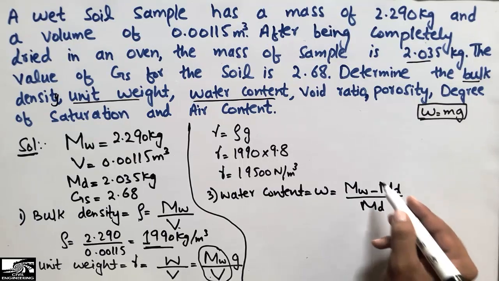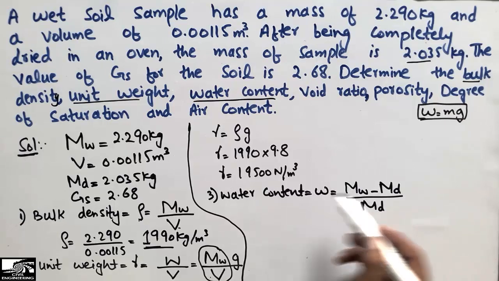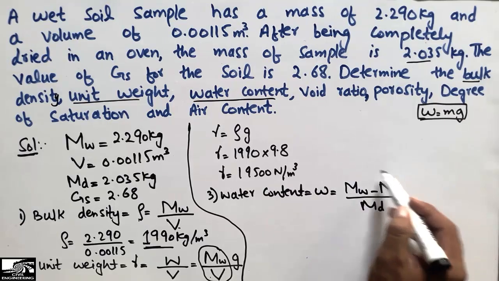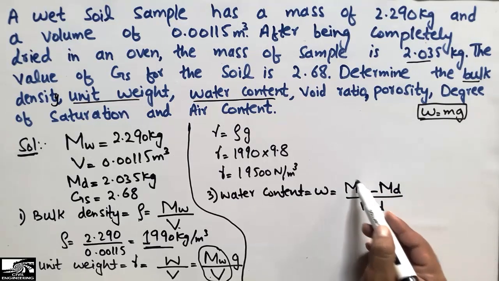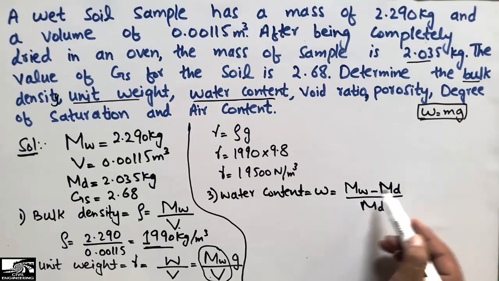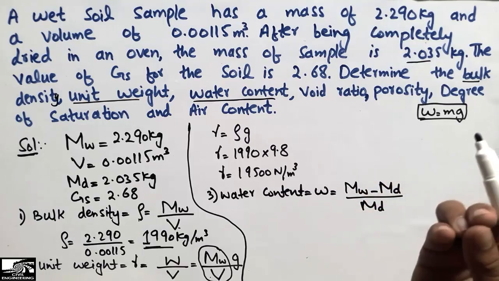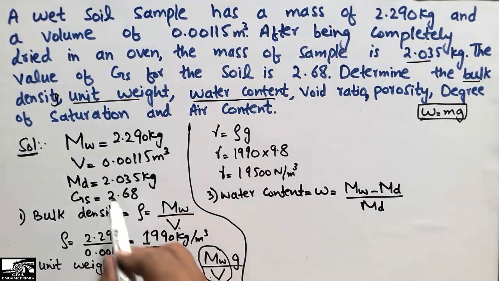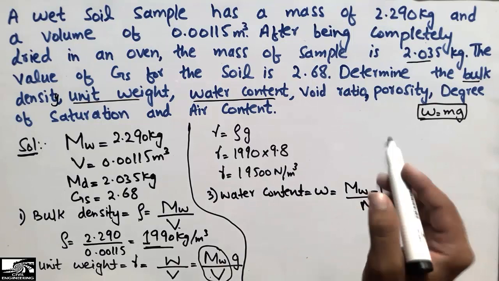If we subtract M dry from M wet, we get the water present in the soil sample, because Mw is the wet mass and M dry is the dry mass. So we subtract the dry from the wet to get how much water is present, divided by the dry mass. So we will get the water content present in the soil sample.